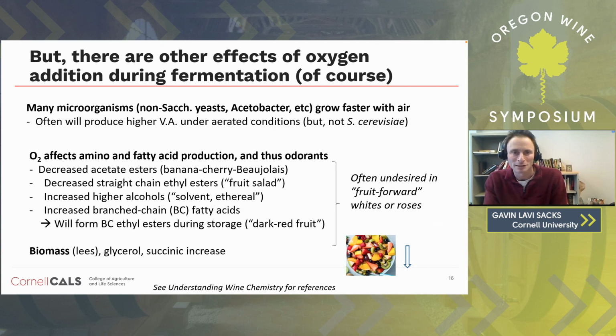If you're trying to make like a generically fruity white or rosé, it's very common to try to exclude oxygen, and the reasons are you want often to increase production of these straight chain ethyl esters, acetate esters, and decrease production of things like higher alcohols that will mask that fruitiness. This is less of a problem for red wine production.